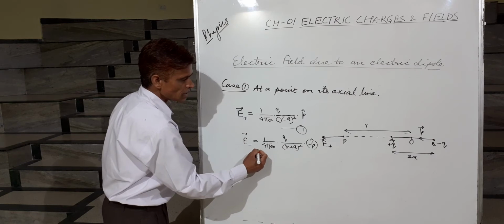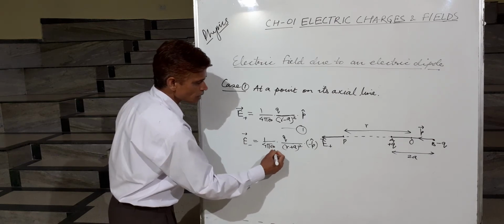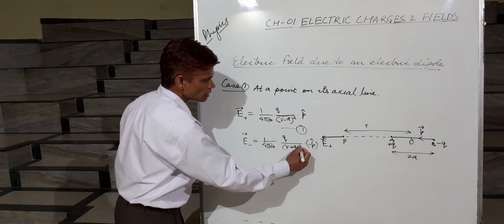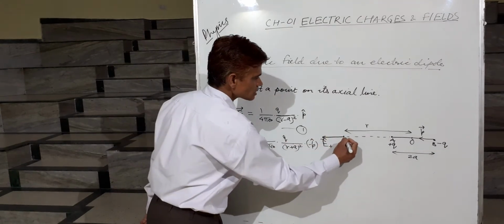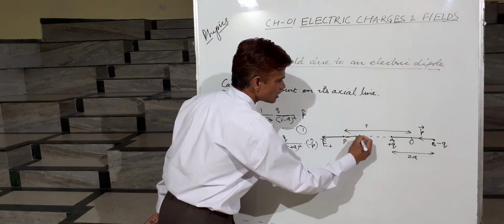Therefore, this vector E minus will equal 1 by 4 pi epsilon naught q upon (r plus a) whole square into minus p cap. Now the net electric field, what is the direction? E minus will be along this direction.